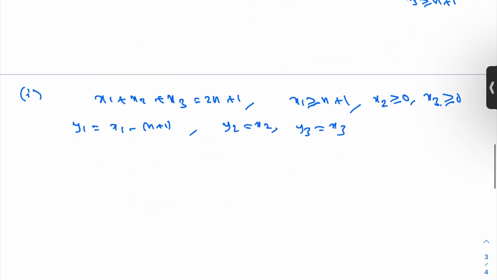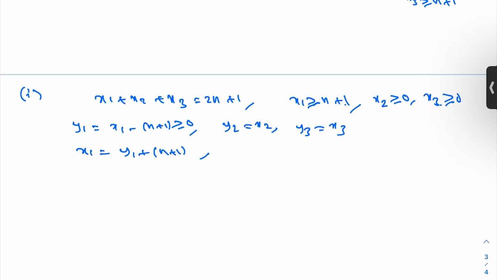Here, since x1 is greater than or equal to n plus 1, we can say that y1 is non-negative. Anyway, these are always non-negative. Now this implies x1 is going to be y1 plus n plus 1.